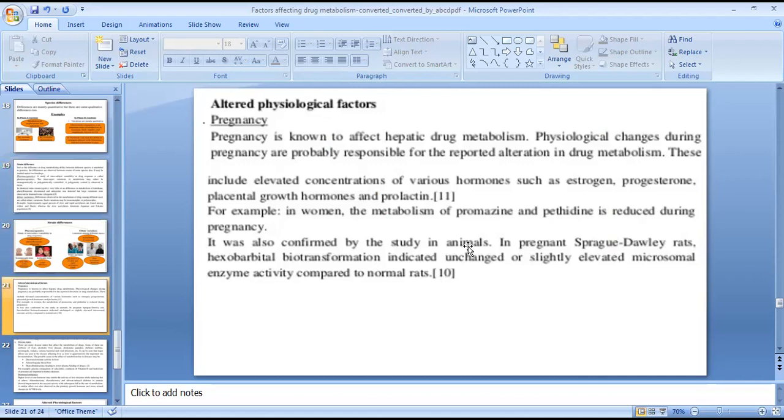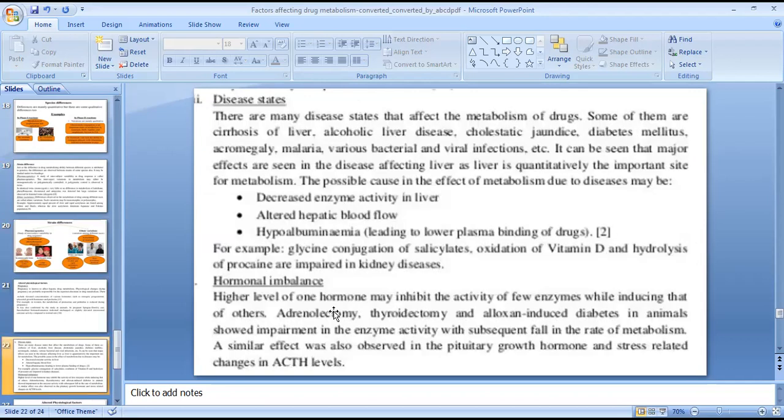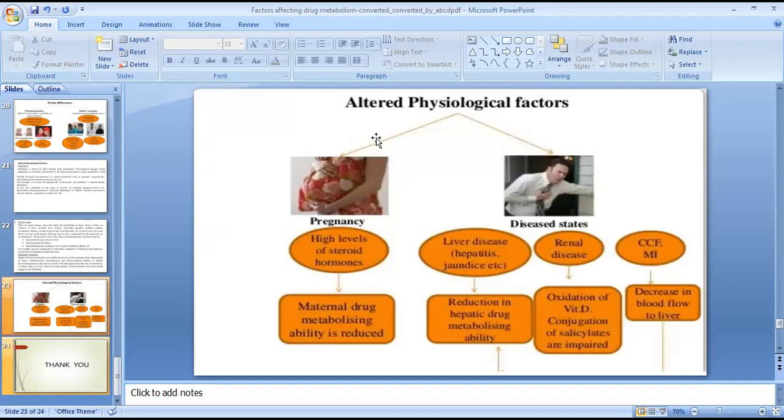Due to the pregnancy situation, or the changes in the body, the metabolism of promazine and pethidine is reduced. Already we have discussed pregnancy: the high level of steroid hormones that a woman has during pregnancy reduces the maternal drug metabolizing ability. As the steroid hormones increase, they alter the drug metabolism.